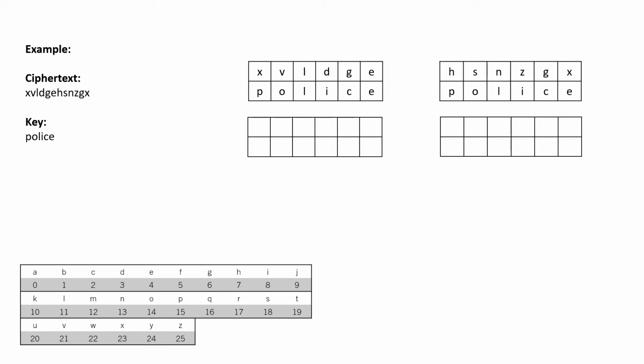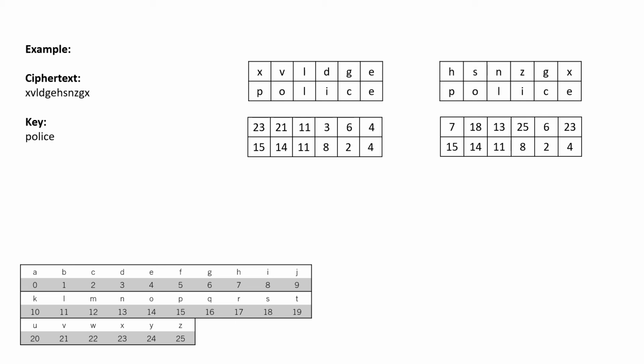So we look at our ciphertext, we ask ourselves what does letter X correspond to in the table. It's number 23. We write it down, same idea for V, number 21, and so on and so forth. Again, if you wish, you can pause the video and try to find those values for yourselves. But I hope you get these values, and the same idea for the key police.